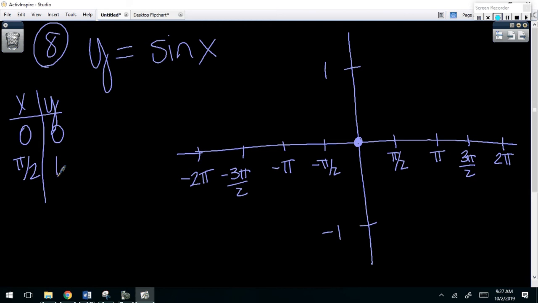Always. The sine of pi is 0. The sine of 3 pi over 2 is negative 1.